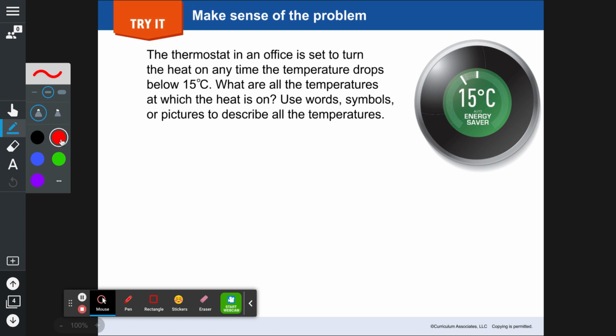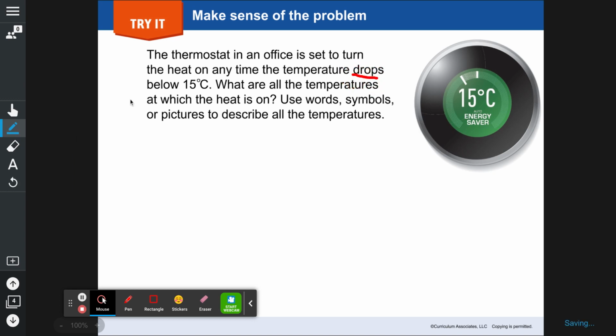So I'm going to go back and underline drops below 15 degrees Celsius. So you should have written or drawn out some temperatures that are below 15 degrees Celsius.